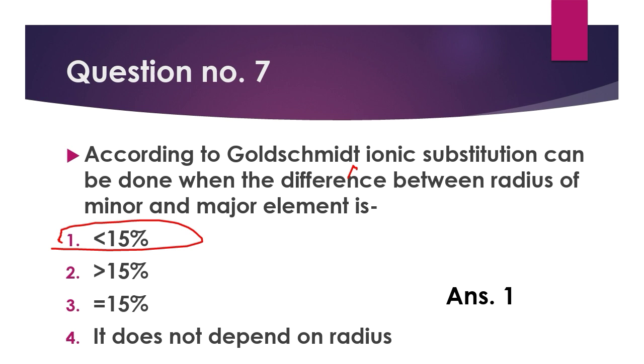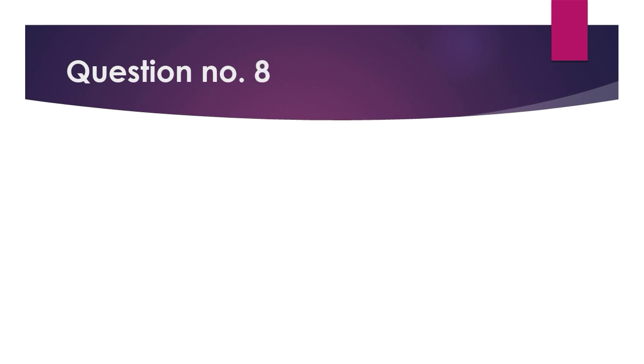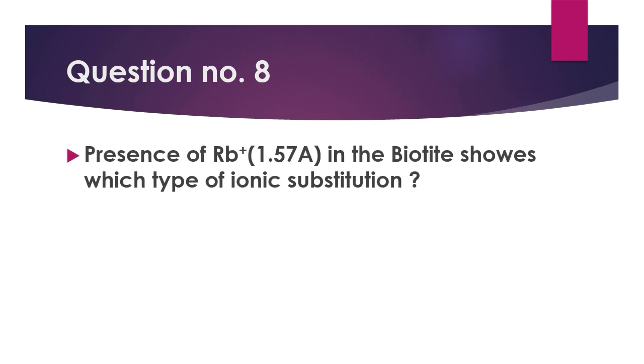You know, if you have seen all my 3 videos, the questions are very easy and you can solve them in just snaps. So here the next question is, presence of rubidium in the biotite shows which type of ionic substitution. So rubidium in the biotite acts as a radioactive element, and we can date this biotite.